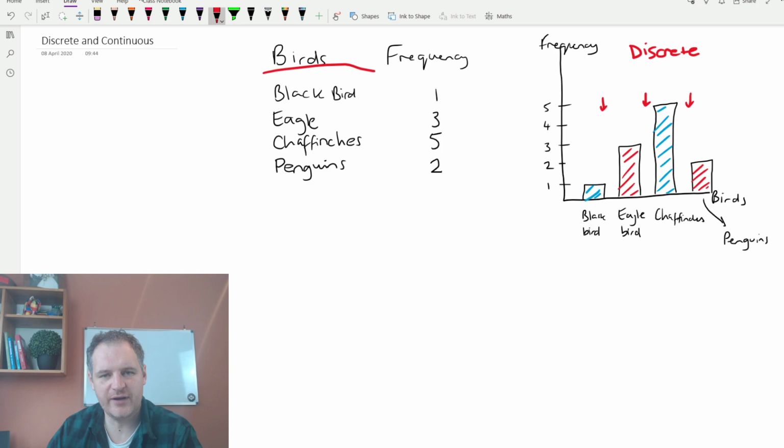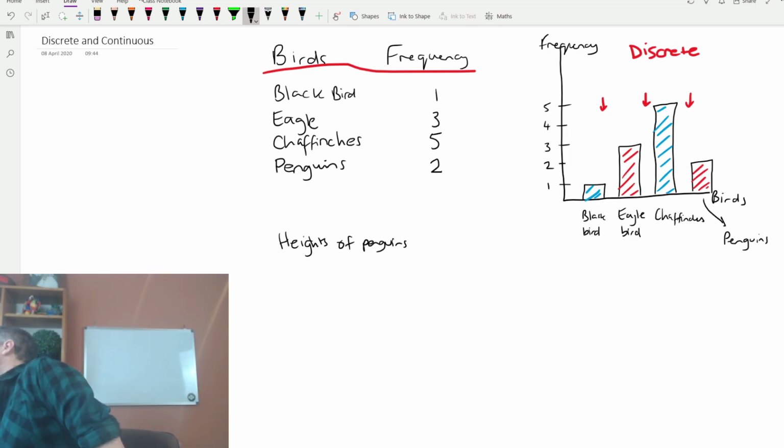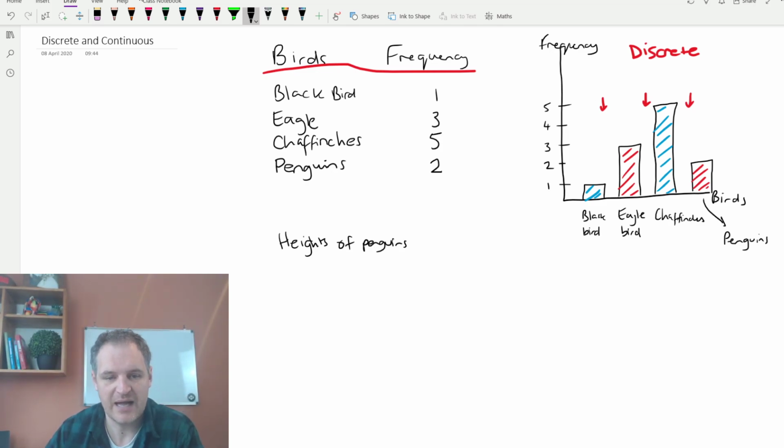The difference is if I was to do something like this. Now, in order to do so, I've got the heights of the penguins I see. Having this many penguins in my garden, it's up to about 12 now, I get to measure them. Now I have some very small penguins that start at 0, and they go all the way from 0 up to 10 centimetres.